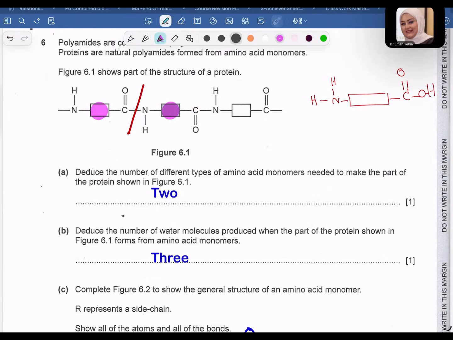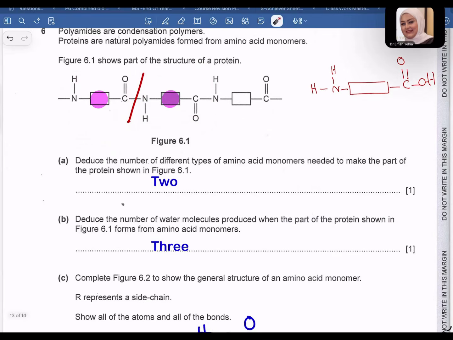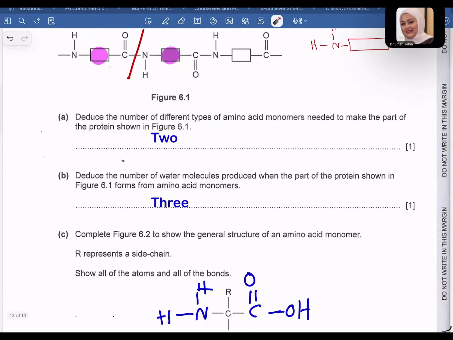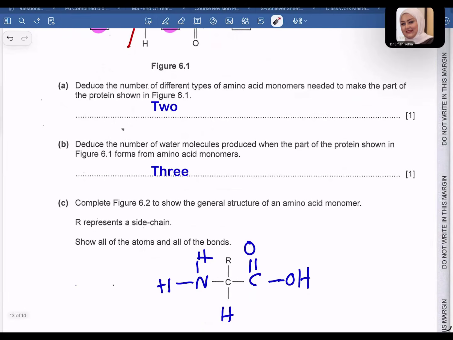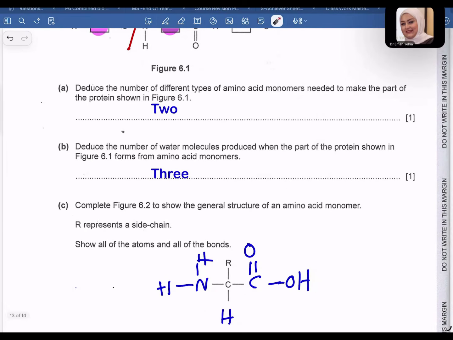This one is the first amino acid. That one is the second amino acid. So we have 2 different amino acids, one non-shaded and one shaded. The number of water molecules produced when the part of protein shown forms from the amino acids: 3 molecules.